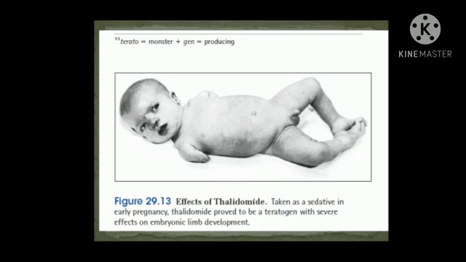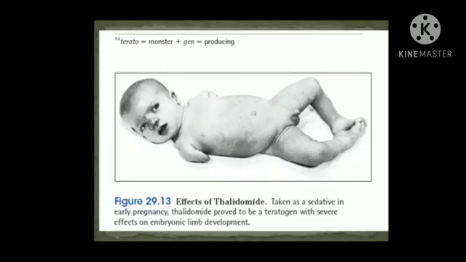What does thalidomide mean? It is a drug which was very famous and very popular in the middle of the last century. The pharmaceutical company, when it produced this drug, was very sure because it was a drug with excellent sedative effects and made all people very calm.